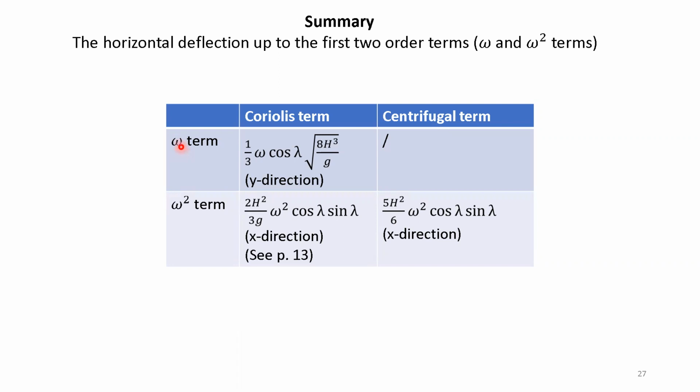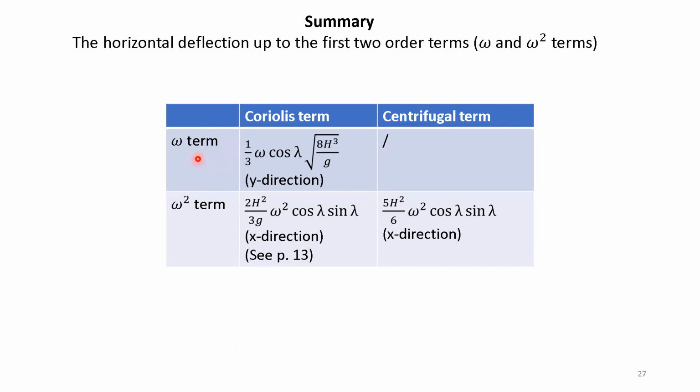You know what omega is: it takes 24 hours for the Earth to complete one revolution. If you calculate omega in radians per second, you know this is a very, very small number.